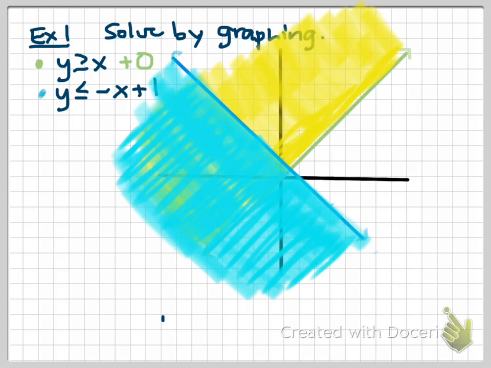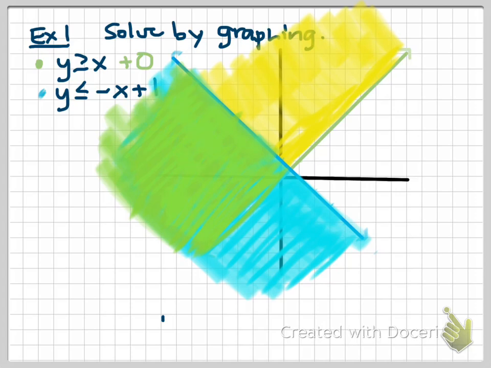Okay, and the overlap of the 2 colors is right here. I think you can see that the 2 colors overlap right there. Okay, so the overlap is where any of those points in the overlap work in both equations.